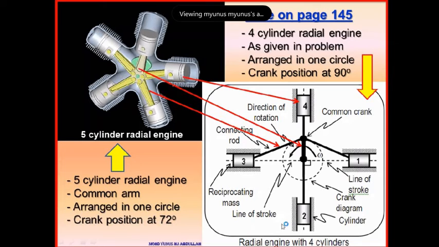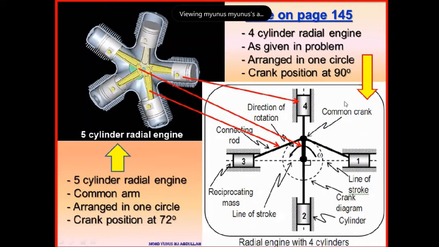The numbering 1, 2, 3 and 4 is the cylinder number, and the counterclockwise rotation is the direction of rotation. The most important things here are the position of the common crank and the line of stroke, represented by the dotted line.